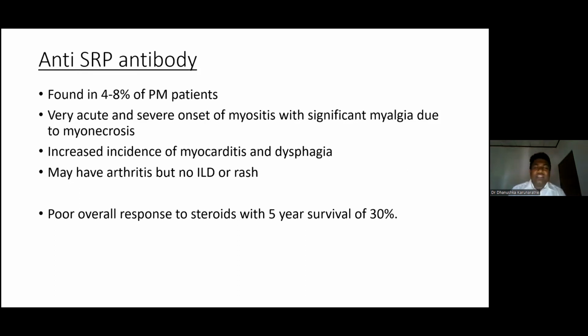There's no association with interstitial lung disease or rash. And usually, if you see a SRP antibody, you have to keep in mind that the response to your conventional treatment is not promising. And the 5-year survival here is 30%.